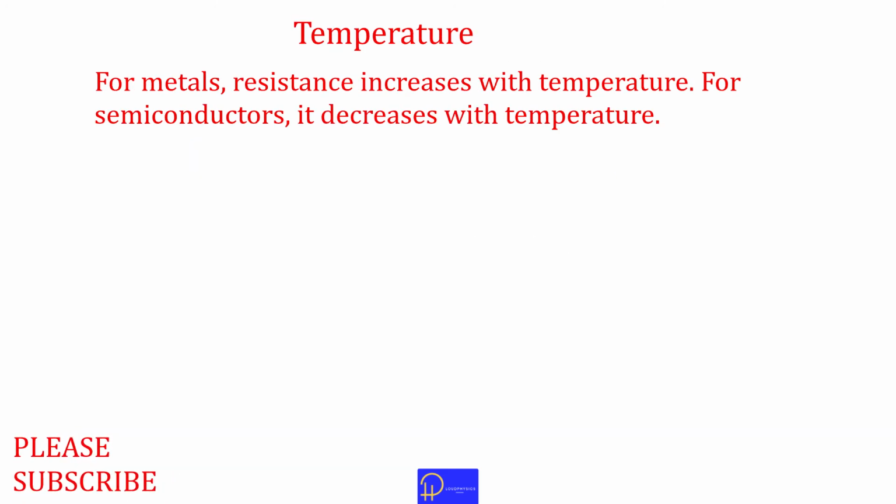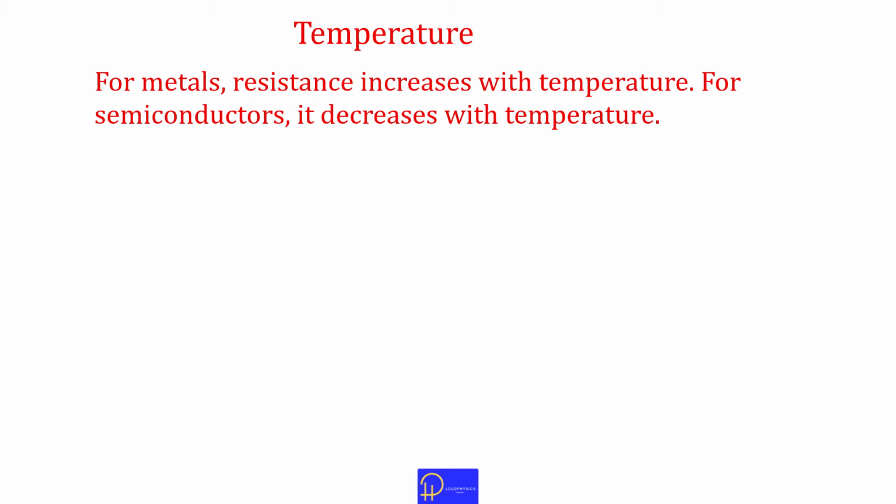Temperature also affects the resistance of a material. For metals, resistance increases with temperature. For semiconductors, it decreases with temperature. The reason is that as electrons move through a metal conductor, some collide with atoms or other electrons.